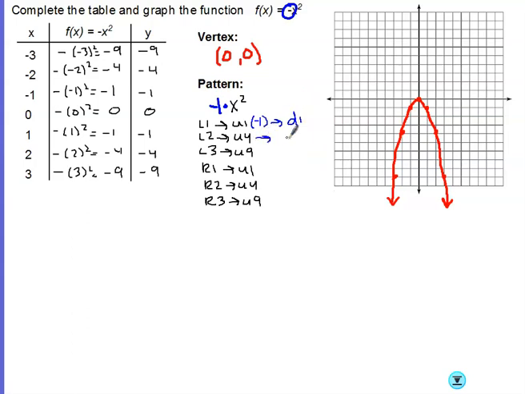So down 1, this becomes down 4, this becomes down 9, down 1, down 4, and down 9. So from the vertex, left 1, down 1, back to the vertex, left 2, down 4, back, left 3, down 9, and then the same on the right. So a negative in front of your x squared will transform your pattern from ups to downs.